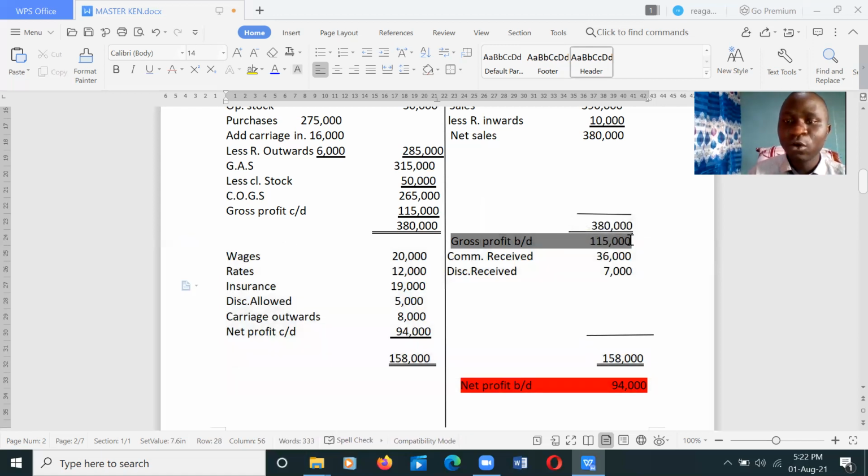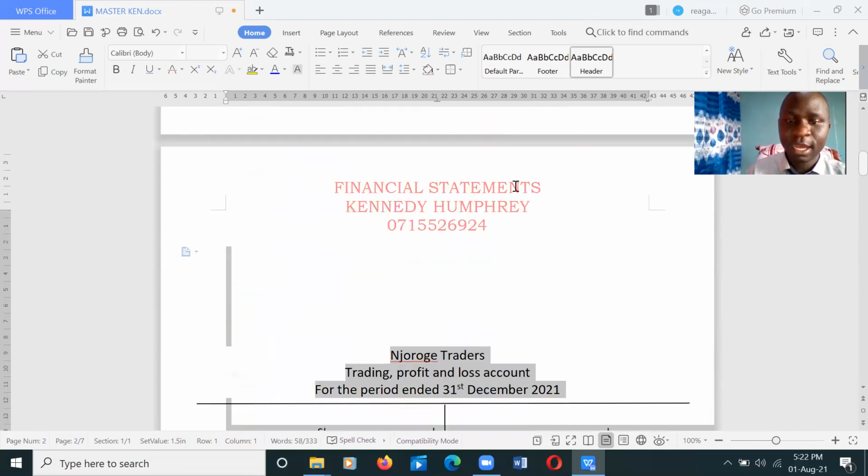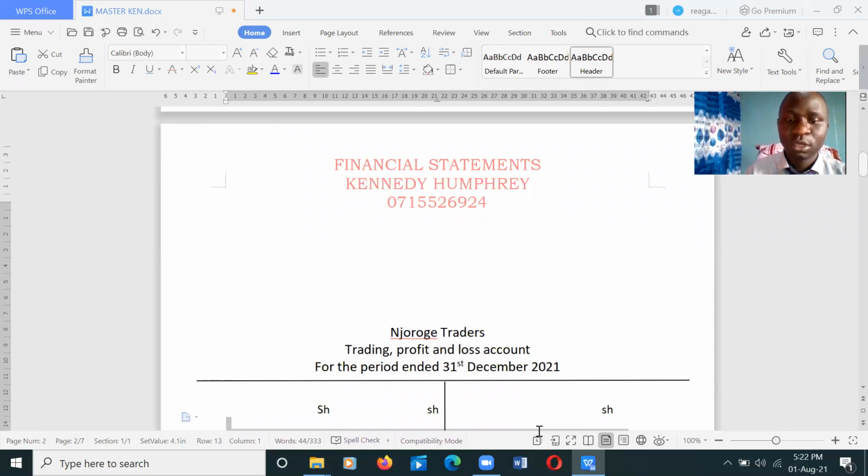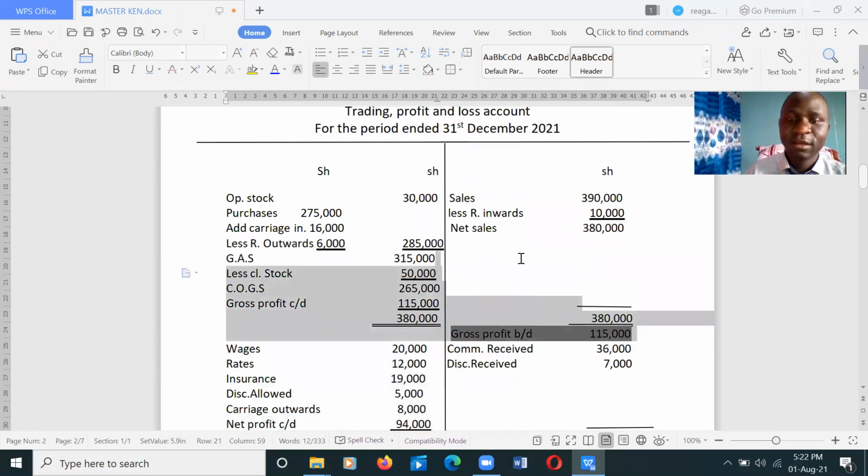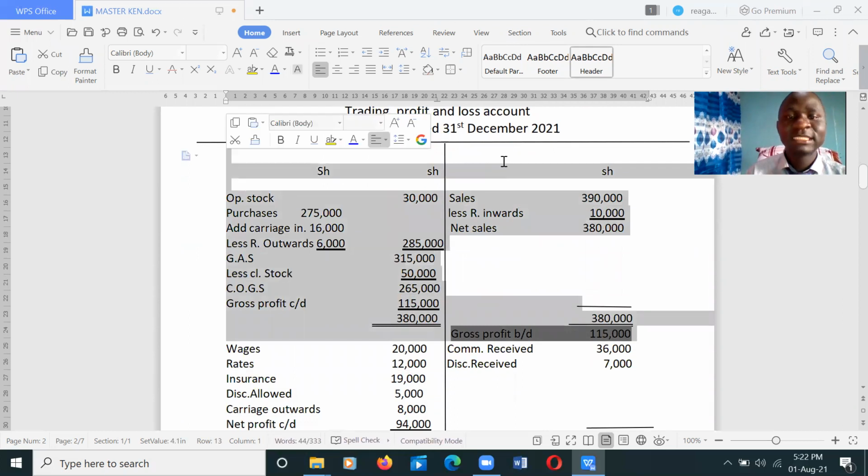But when we move from gross profit up to here, what you have prepared from here up to here is what you call the trading account.